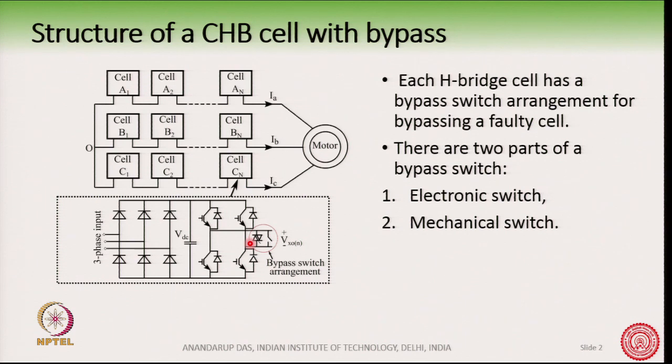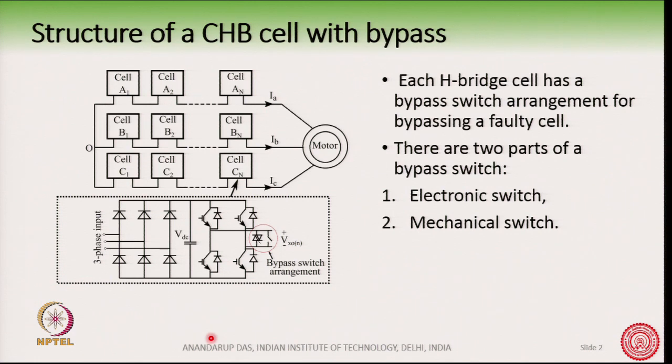Of course, when we do that, we also turn off the IGBTs, the transistors inside the cell, so that the whole cell is completely bypassed, but the converter can still continue to operate.